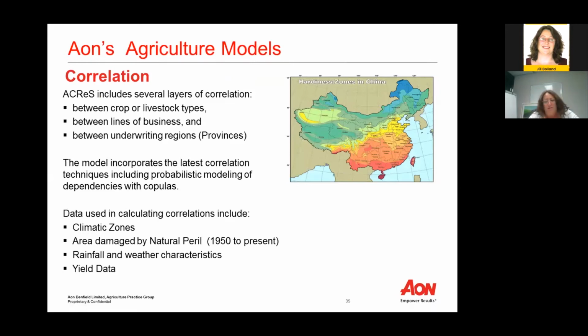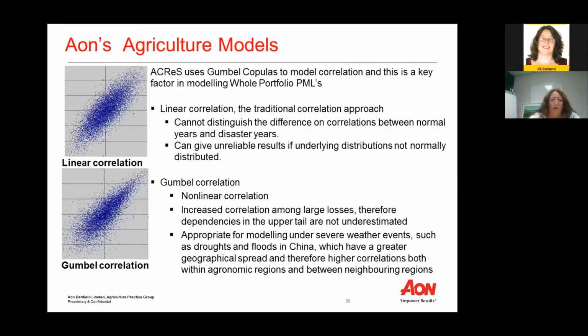We originally were doing linear correlations, which basically say that the correlation between, say, two counties is exactly the same regardless of the yield loss or the weather conditions. But we think that's probably not realistic. If it's a normal year, everybody gets a good yield, some are a little bit down, but there's a bit of variation.